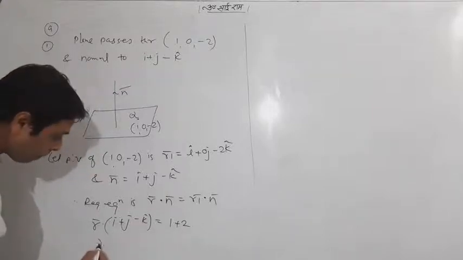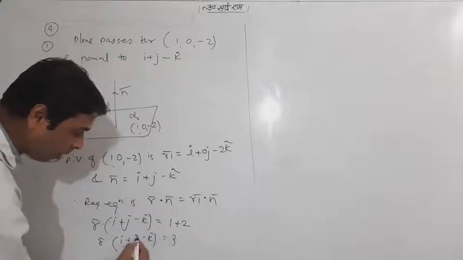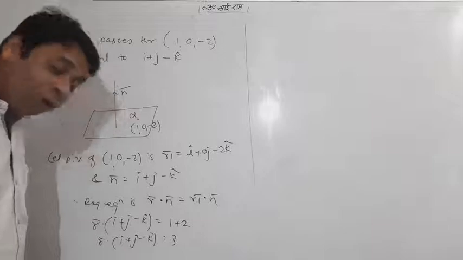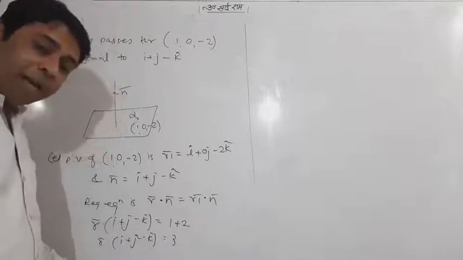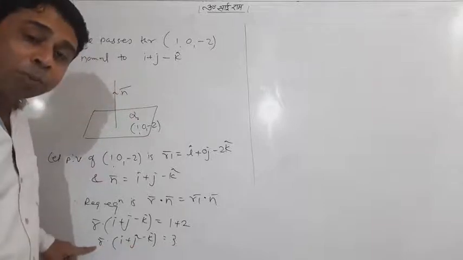Now students, I tell you that the obtained answer is actually the vector form. You can directly convert this answer into the Cartesian form. We put r equal to xi plus yj plus zk.